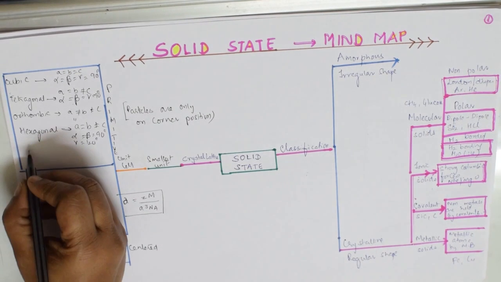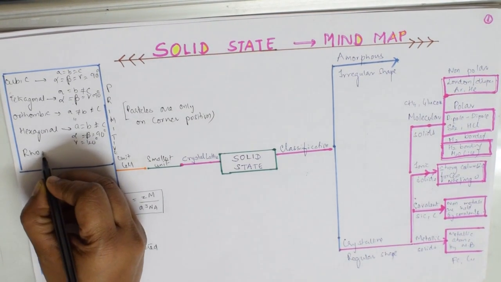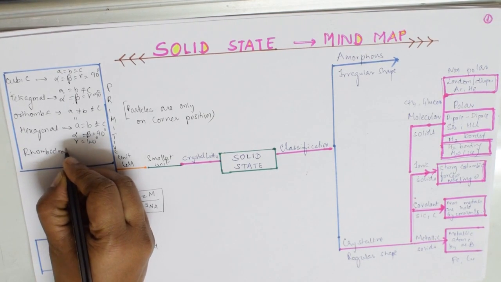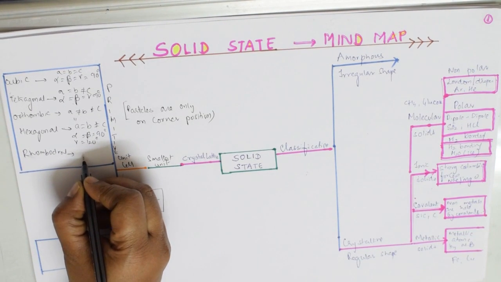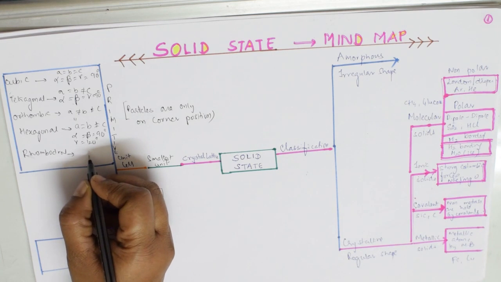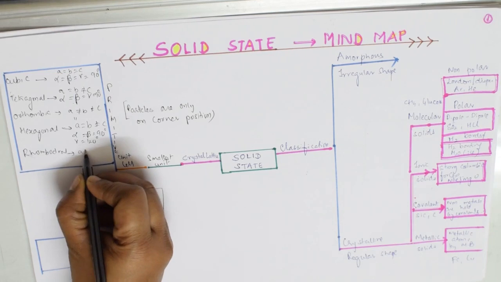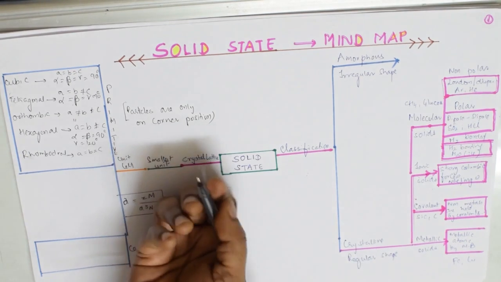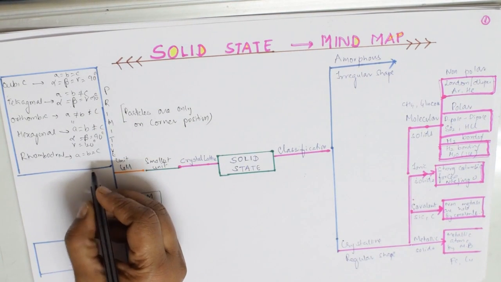Next comes rhombohedral, the other name for which is trigonal. In rhombohedral, examples are tin, mercuric sulfide and calcium carbonate. Here A is equal to B is equal to C, and the angles alpha, beta, gamma are all equal to 90 degrees.